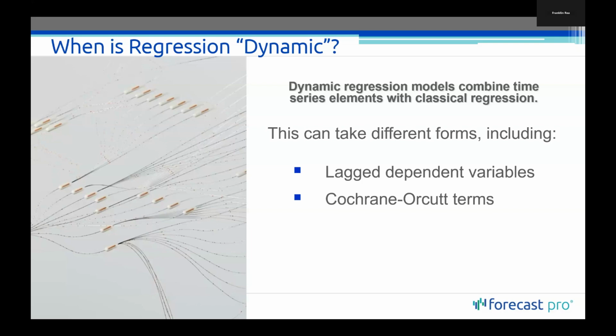One of these is lags in the dependent variable. So this is like treating a dependent variable shifted back some number of periods as its own independent variable, or regressor, against itself. So you think, how did demand last period or a seasonal cycle ago or two seasonal cycles ago impact demand today? And the other way we investigate dynamics is through the use of what are called Cochrane-Orcutt terms.